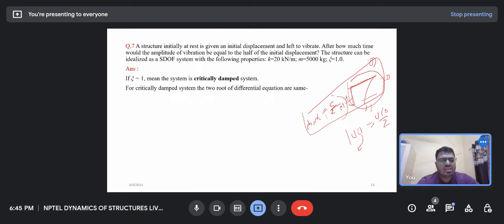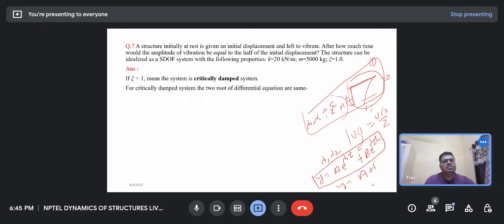If lambda 1 and lambda 2 are real and distinct, your solution would be a into e raised to power lambda 1 t plus b into e raised to power lambda 2 t. Now if the two roots are equal, the solution would be (a plus b t) into e raised to power lambda t.